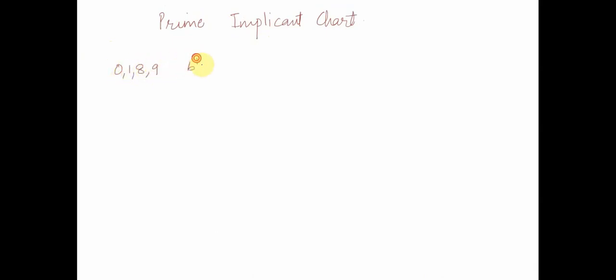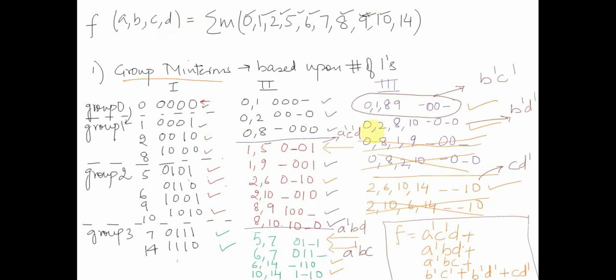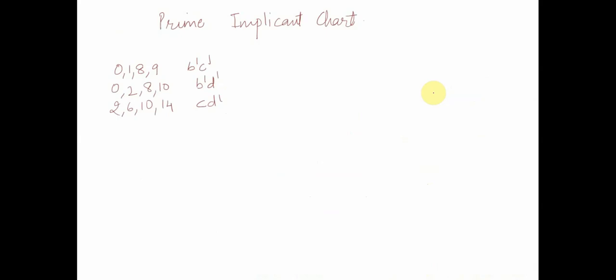If I put our function again, our end solution was 0, 1, 8, 9, which was b bar c bar. Then we had 0, 2, 8, 10, which was b bar d bar. Then 2, 6, 10, and 14, which was c d bar. I am carrying this over from the previous file. Next was 1 and 5, which was a bar c bar d.